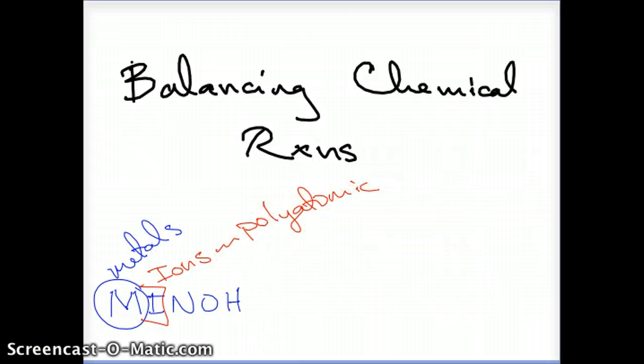Poly means many. Atomic means atom. So when we talk about polyatomic ions, or many-atom ions, we're talking about things like NO3, CO3, OH. We're talking about ions that come from many atoms.